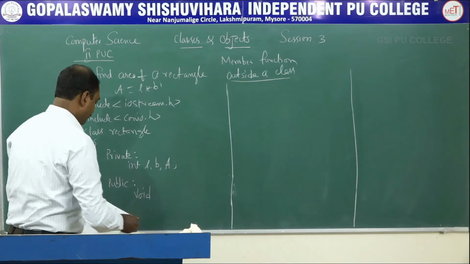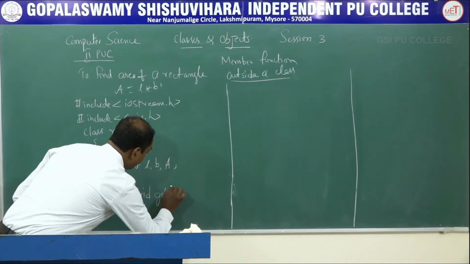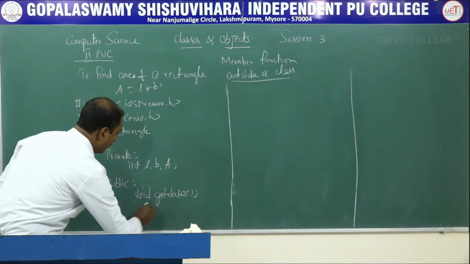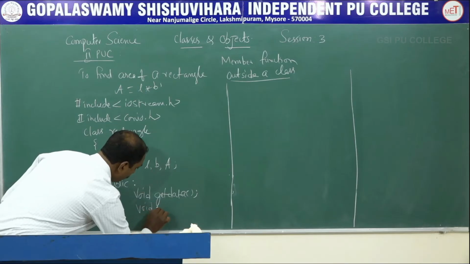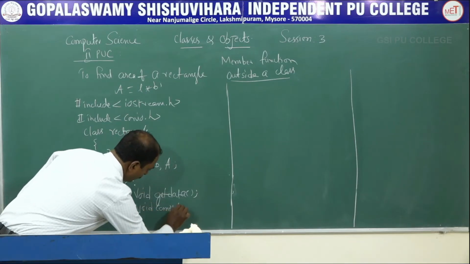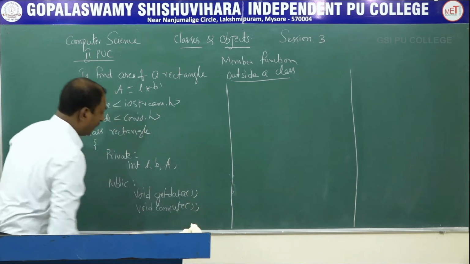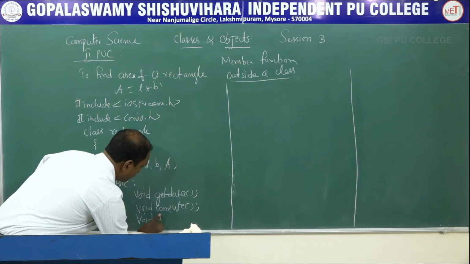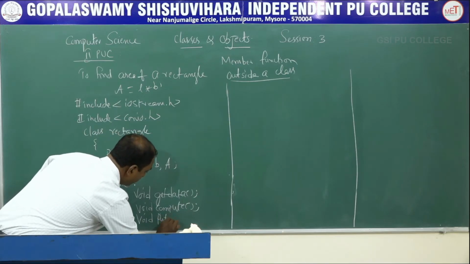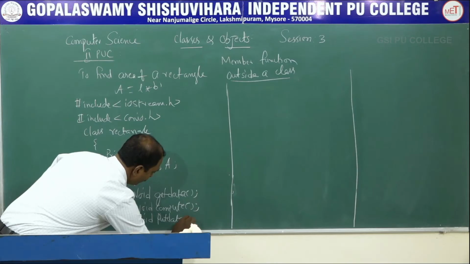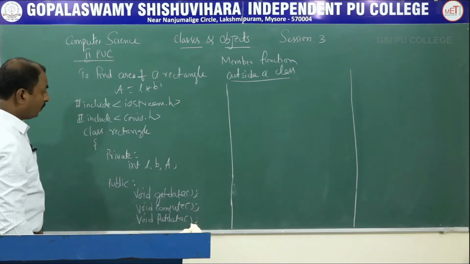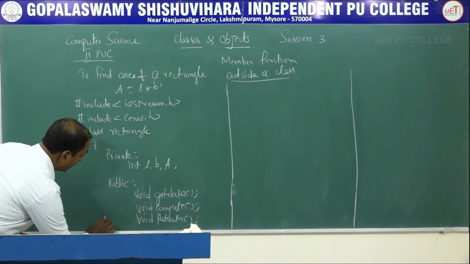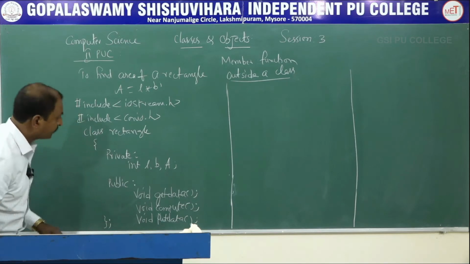Void get data semicolon, and here void compute, another function, and here one more function, void put data, another function. Now observe this, immediately after this I am closing the class with a semicolon.